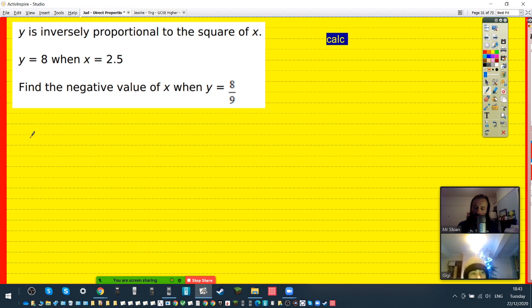Well, I did y equals k over x. Did you do squared? x squared, yeah. a equals k over 2.5 squared, so it's 50.